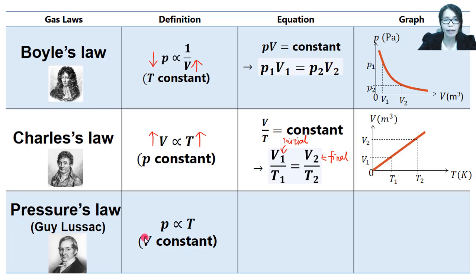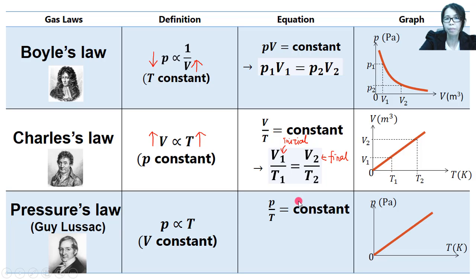Providing that our volume is constant, we will find that for a fixed mass of gas, the pressure is directly proportional to temperature. So P over T is always a constant. If we plot pressure against temperature, directly proportional means when our temperature increases, the pressure will also increase.